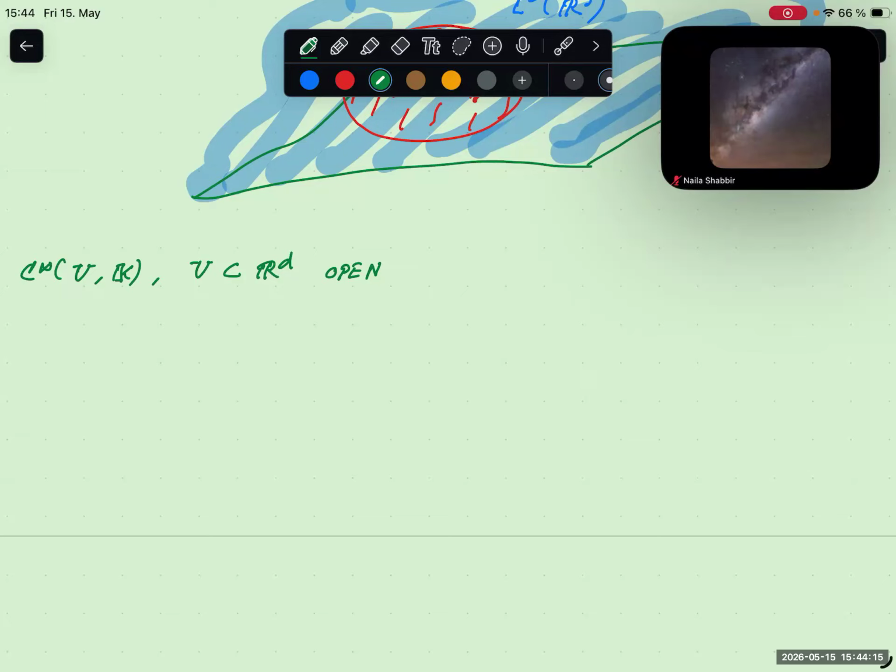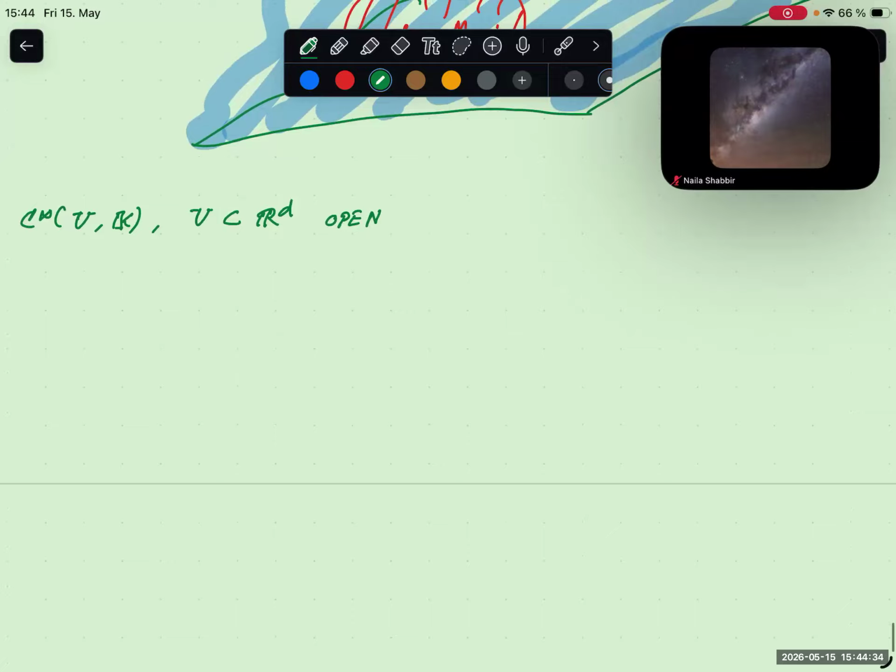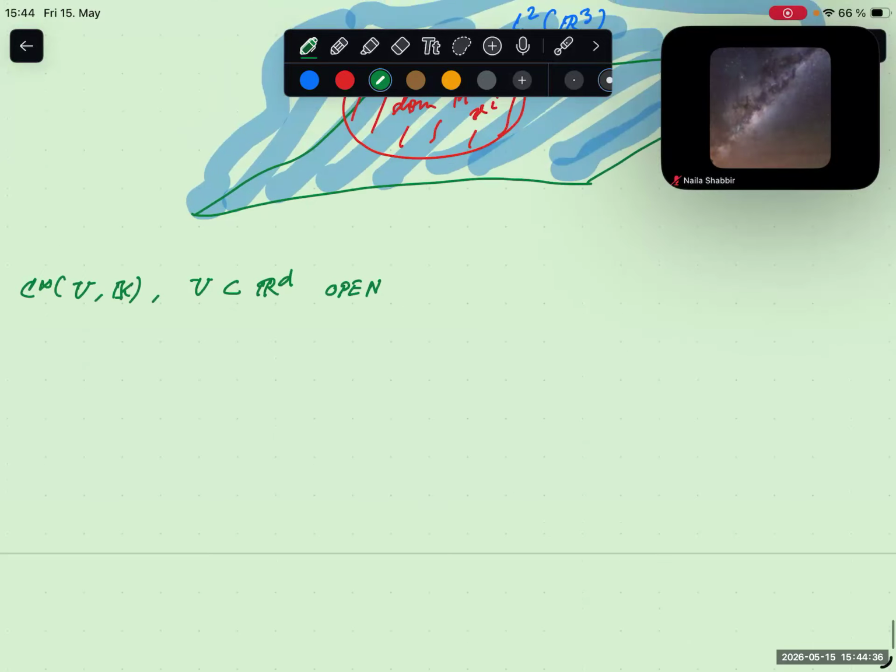Again, due to time constraints, I'm not going to detail, but let me try to give you the very bare minimum. What we want is the notion of convergence: how we can say something converges in this space. For real numbers, we had the absolute value.